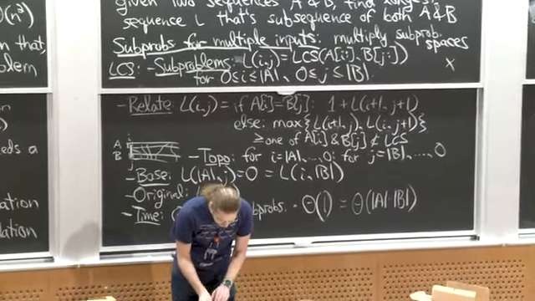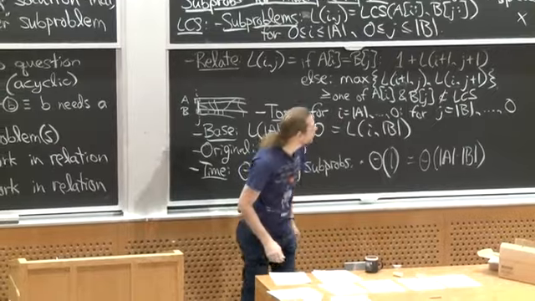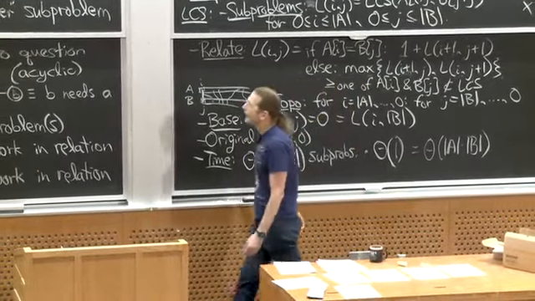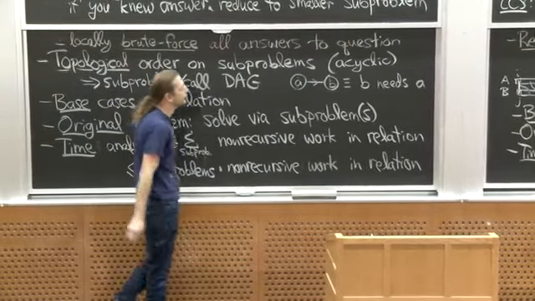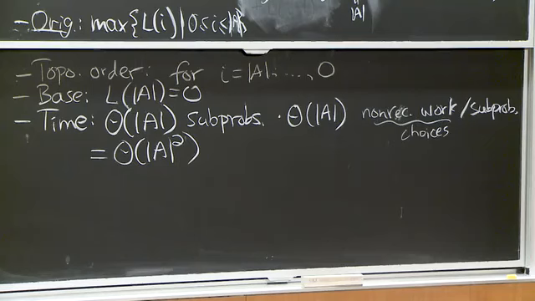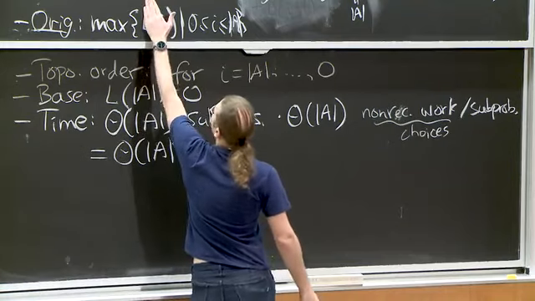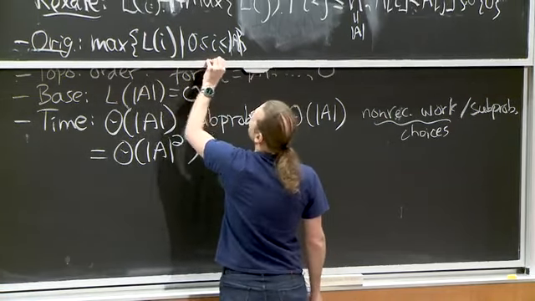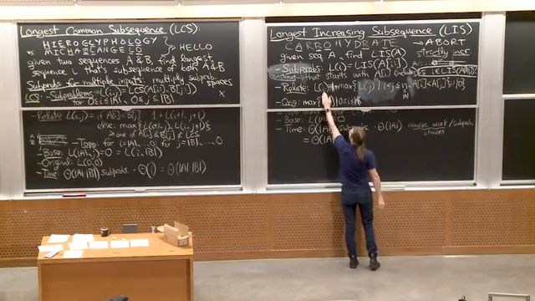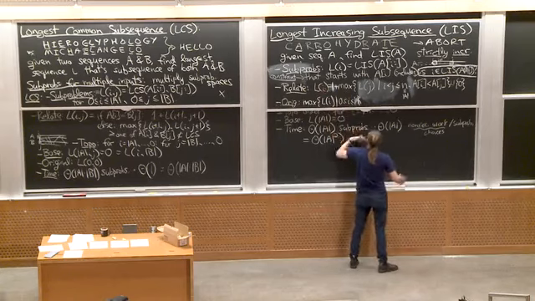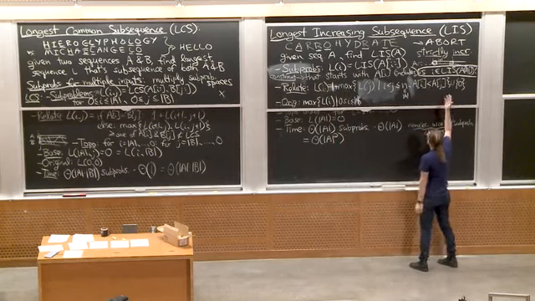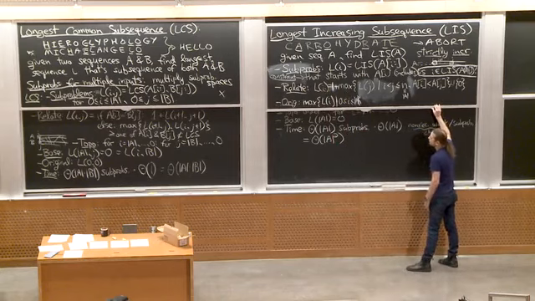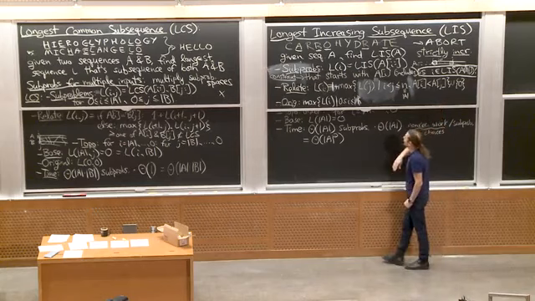Make sure I didn't miss anything else. So we're using this idea of asking a question and guessing or brute forcing the answer to that question in 2 places. One place is we're requesting that the longest increasing subsequence starts at i. So then the question is, well, what is the very second item that's in the longest increasing subsequence that starts with i?